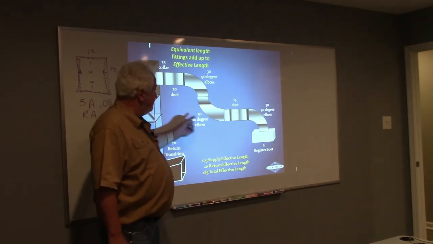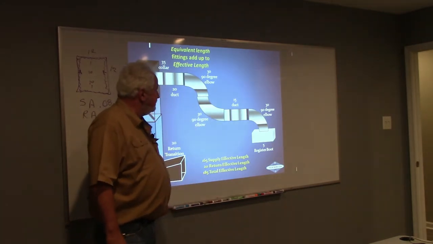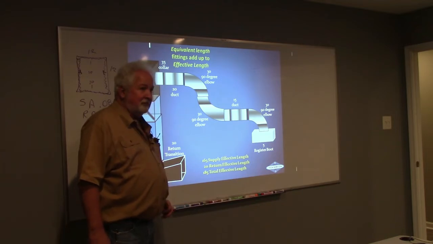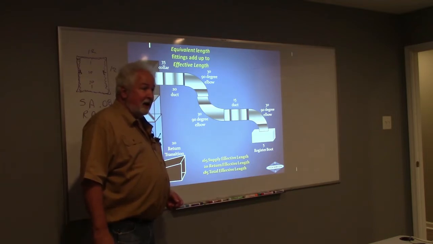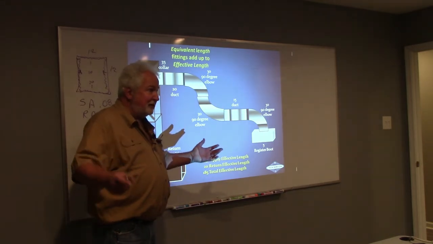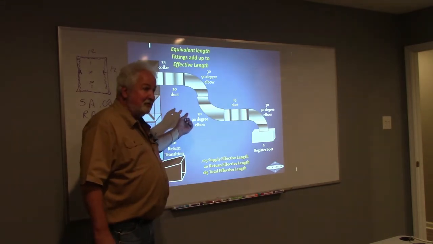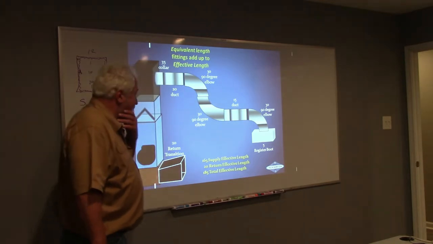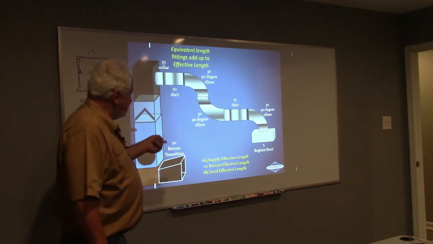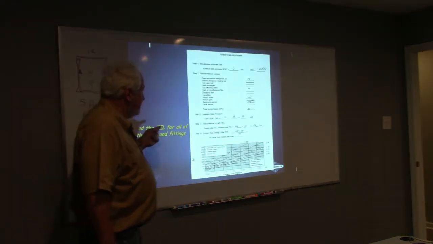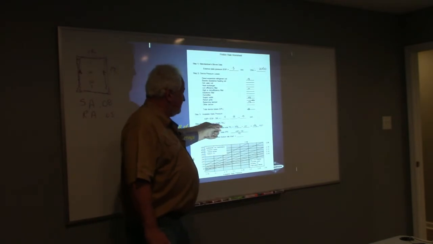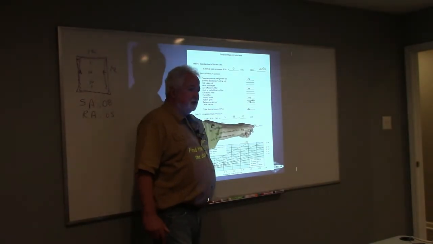Look, 20, 35 feet with 3 elbows. That's a pretty standard ugly duct. If I have an ugly duct around most homes around here, it's going to be really close to that. So I'm going to take that 185 and plug it in here. 165 plus my 20 equals 185.